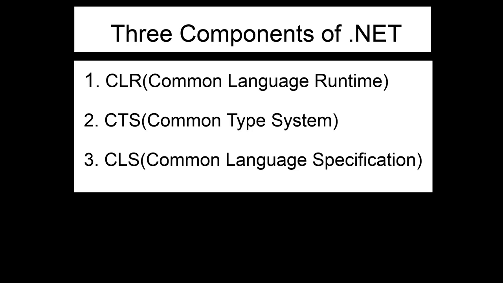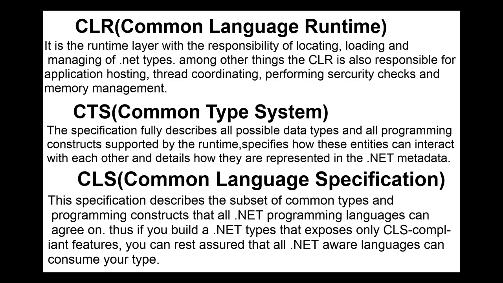describes all possible types that are supported by the runtime, meaning it describes the types that are supported by C++, it describes the types that are supported by C#, it describes the types that are supported by Visual Basics, it describes the types that are supported by F#.